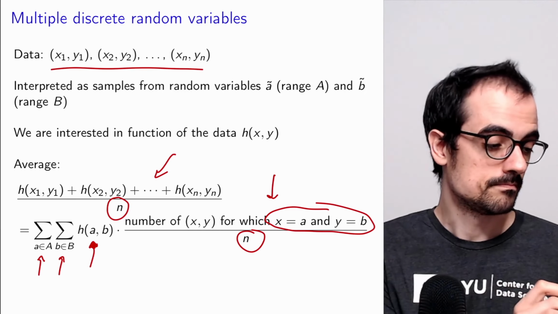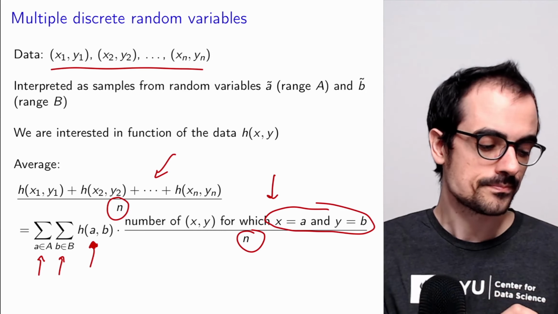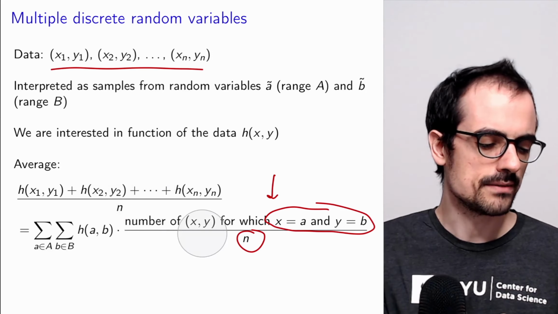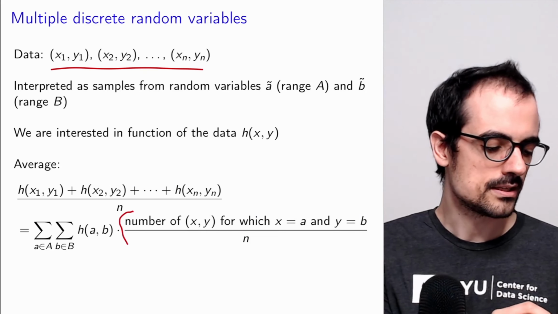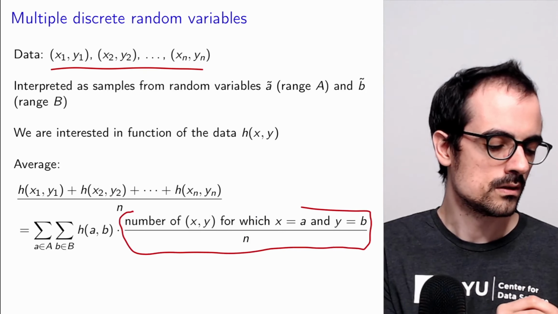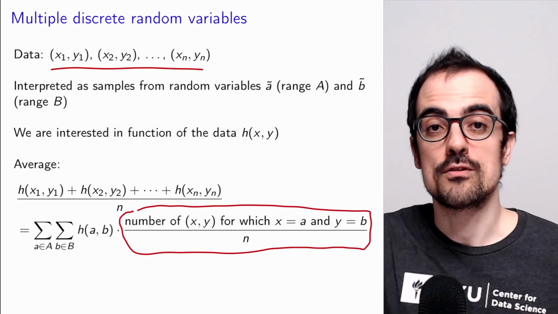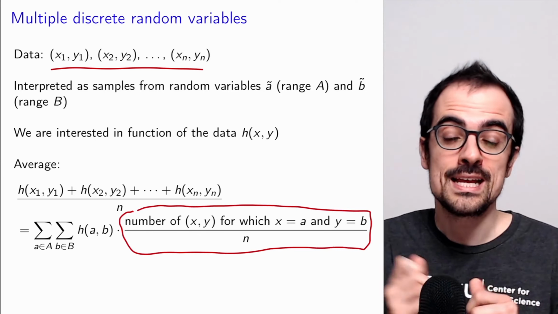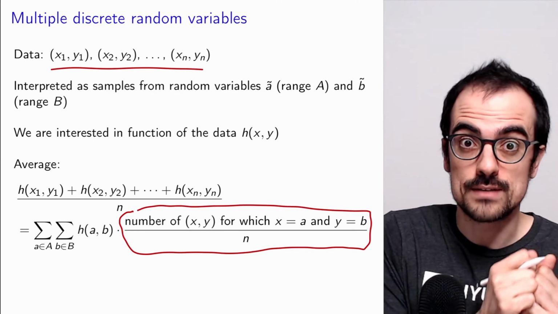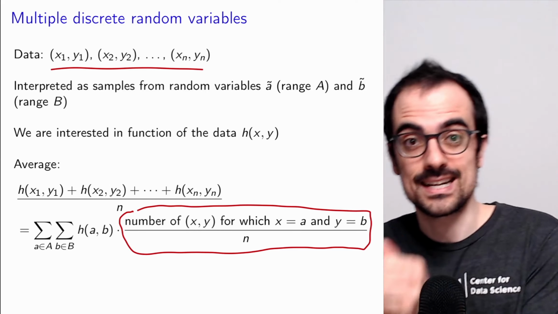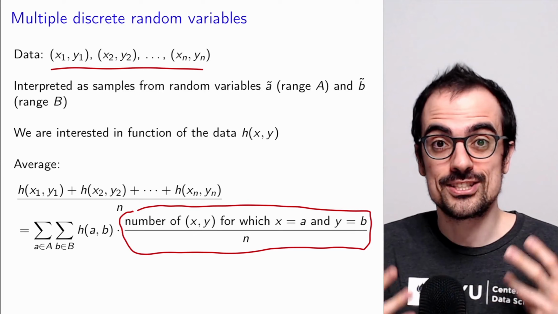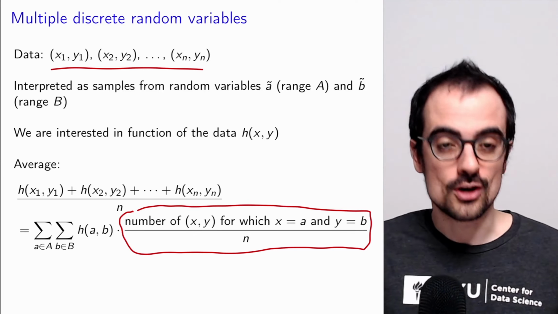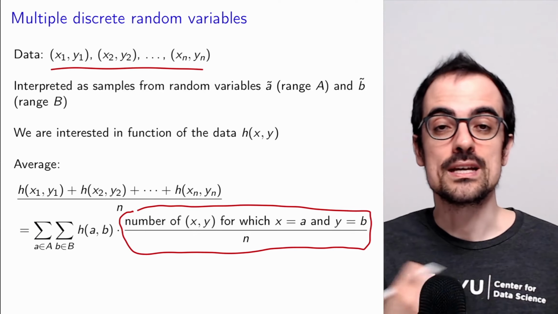So now, why have we done this? For exactly the same reason as before. Now we have this fraction, which is the number of pairs of samples for which the first random variable is equal to a certain value and the second random variable is equal to another value at the same time. That's just the probability of the intersection of the events.